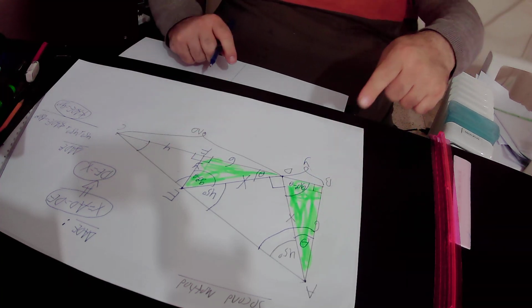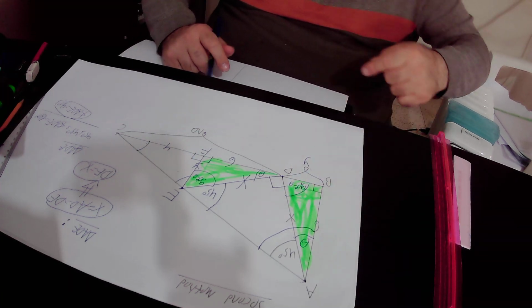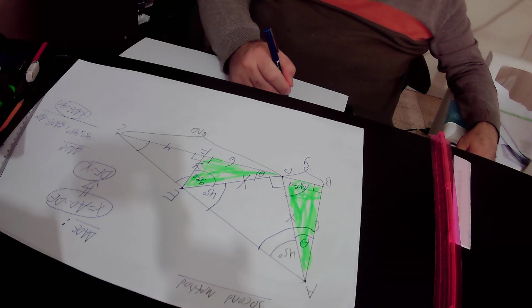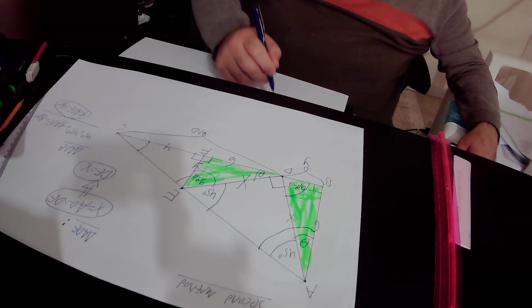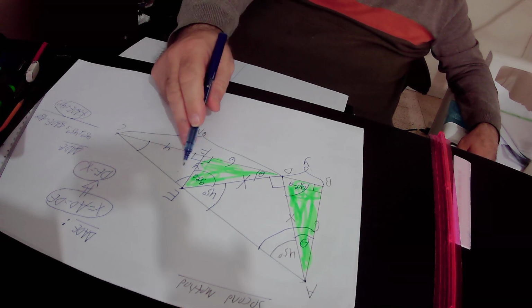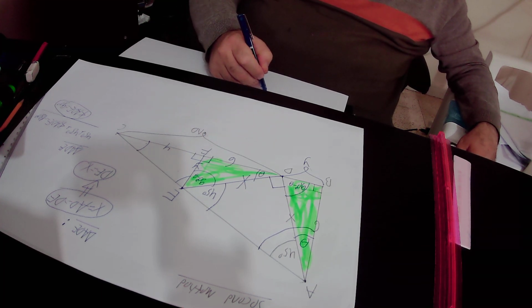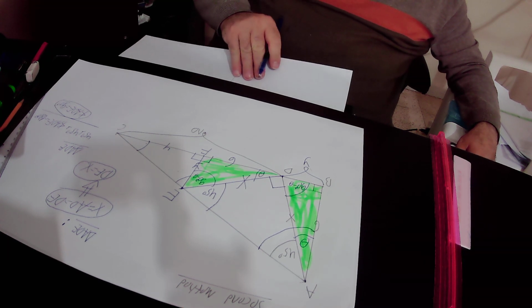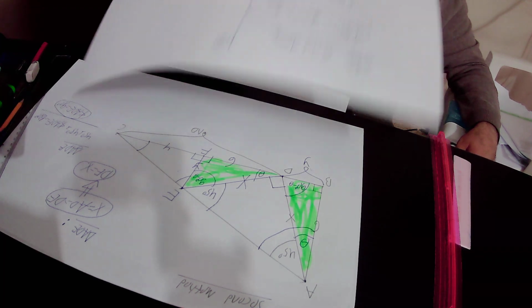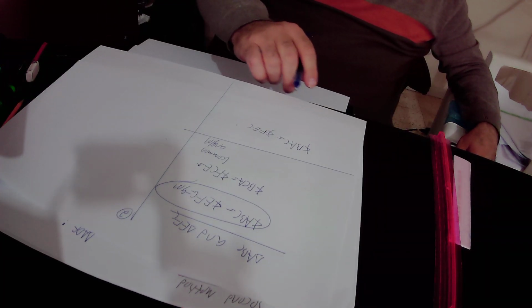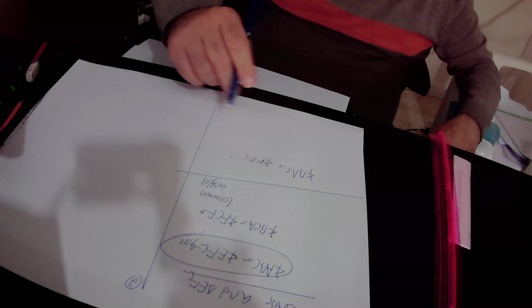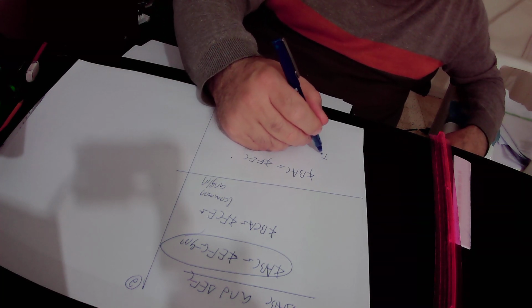So angle BAC in triangle ABC is equal to angle FEC, this angle in triangle EFC, so angle BAC equals angle FEC according to the third angle theorem.